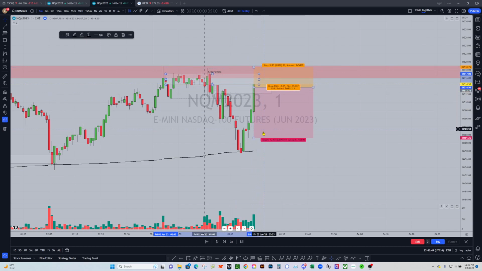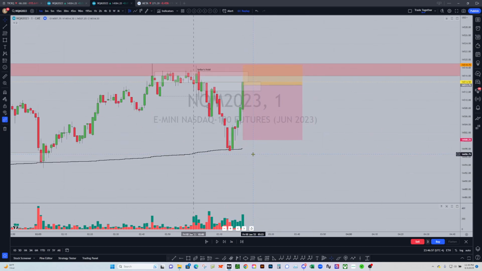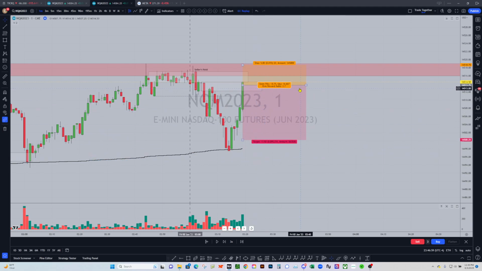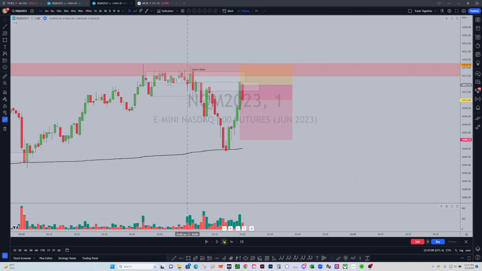If it holds here, I can anticipate us moving just a little lower and back into some imbalance on a 3-minute time frame. So I would take a short position here, keeping a tight stop, so I know if I do get stopped out, I'm only out 20 ticks, and I can start taking profit if we do push back down.